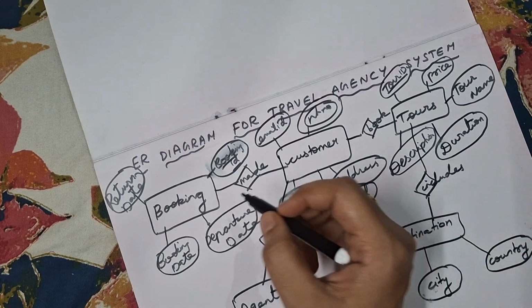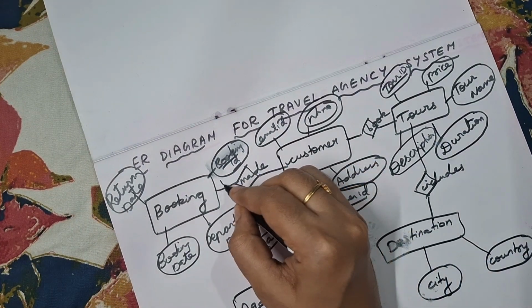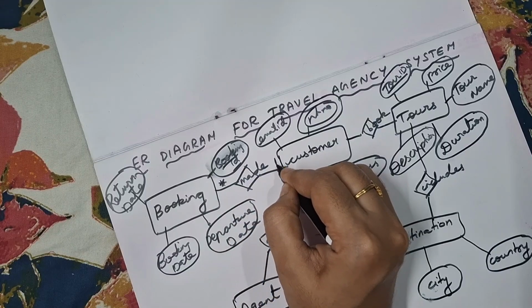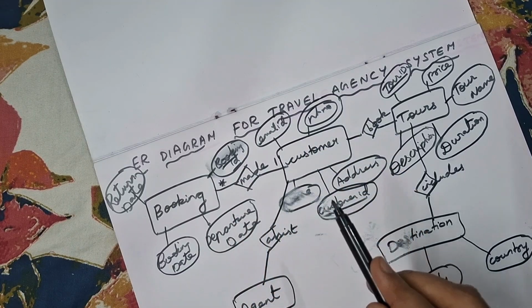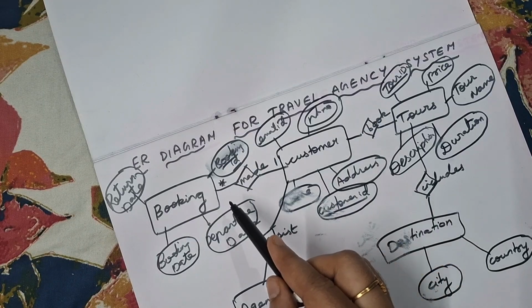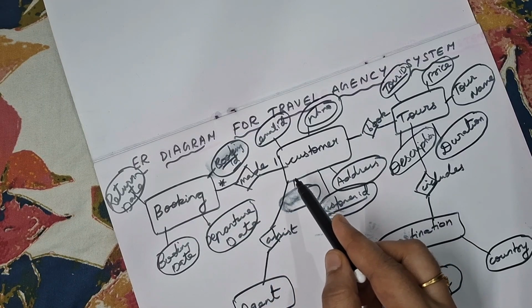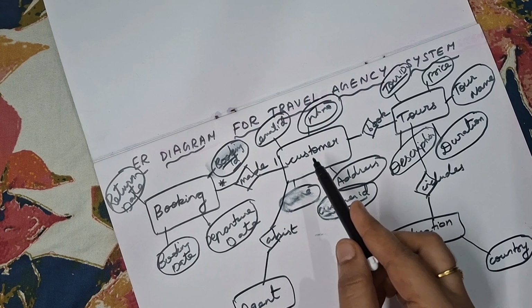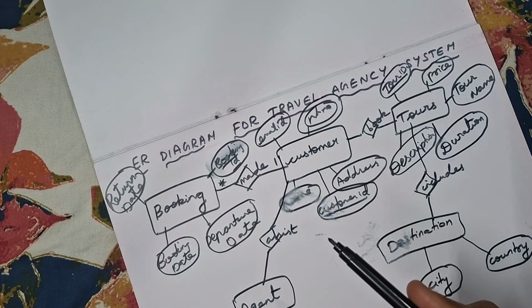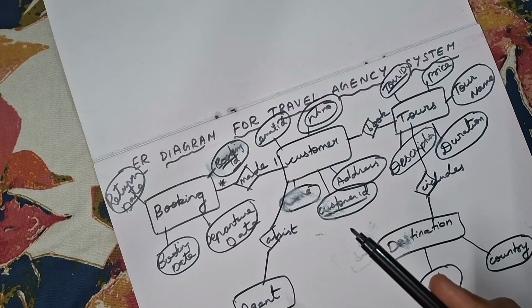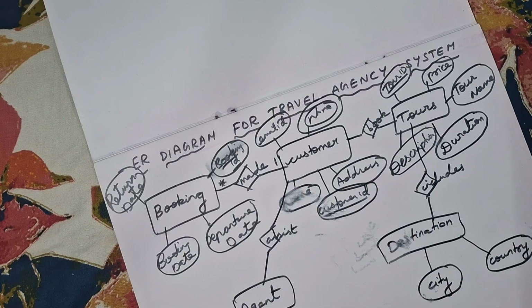So now, booking and customer. Many bookings can be done by one single customer. Many is to one is the cardinality. One customer may want to go on a tour together as a family, so they will be booking for 5 tickets. 5 bookings they will be making and paying for 5 people.